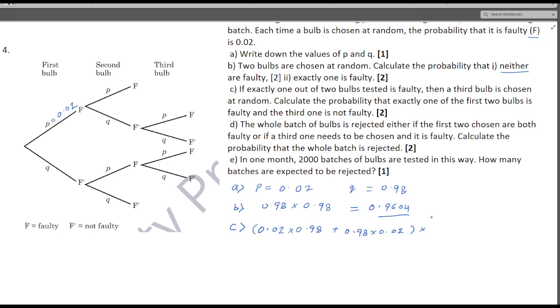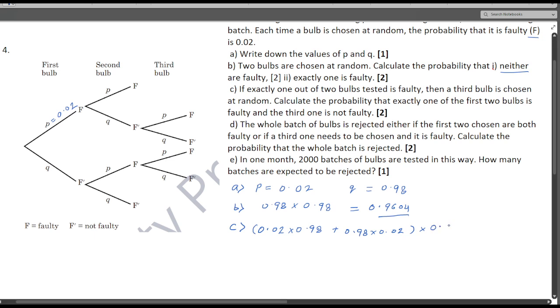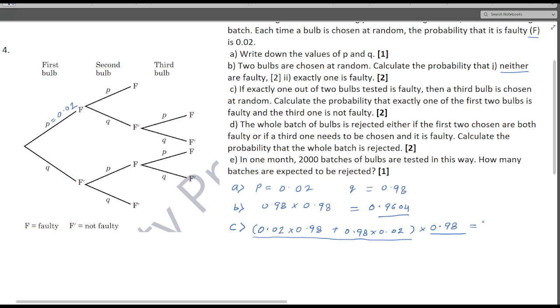Okay, so now the third bulb is not faulty, so its possibility is 0.98. So this indicates the possibility that exactly one of the first 2 bulbs is faulty, and this indicates that the third bulb is not faulty. As we are using the word and, there is a multiplication. Please keep your focus on the words we are using.